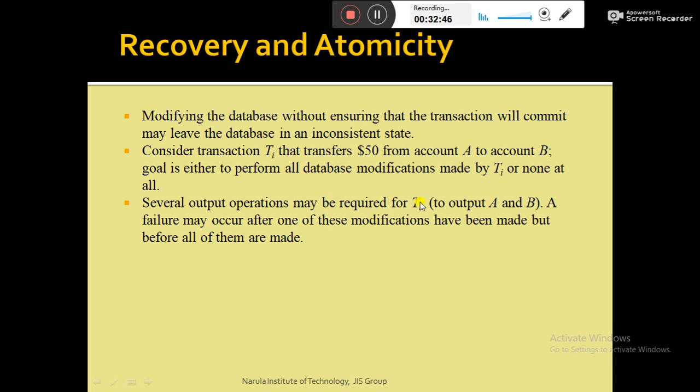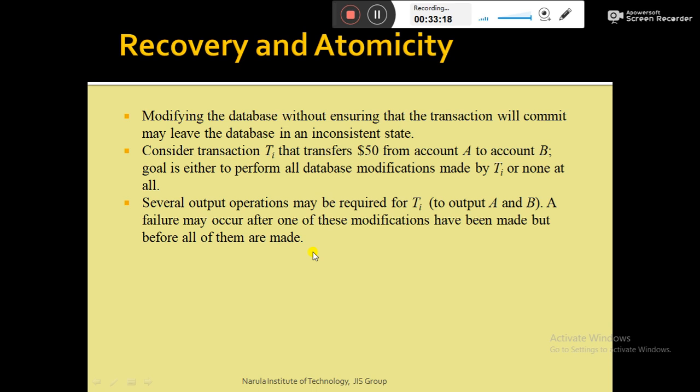Now, as any transaction consists of multiple output operations, a failure may occur after one of these modifications has been made but before all of them are made. Suppose transaction Ti has to modify 3 or 4 data items. Out of 4 data items, if Ti is able to update only 1 or 2 and the rest have not been modified, then the database system will become inconsistent and the atomicity property has not been preserved.